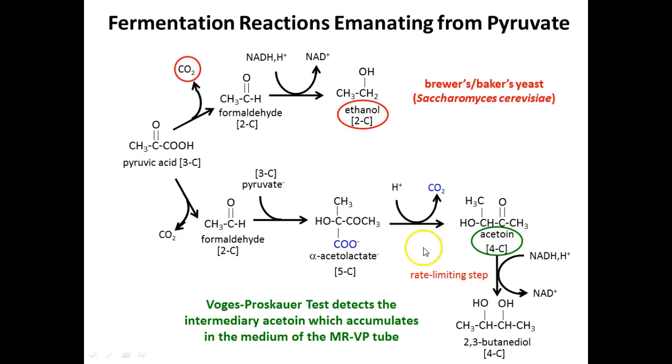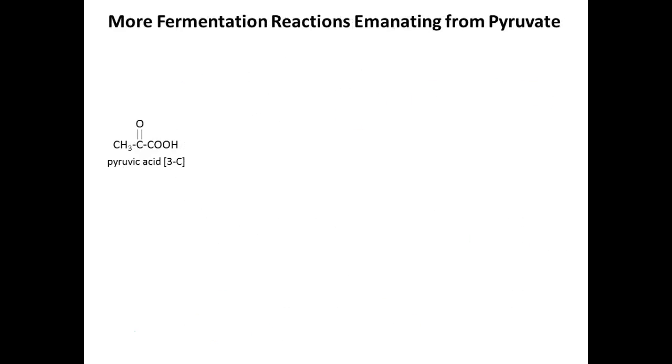So if the organism produced the acetoin, the reagents we used bind with the acetoin and produce that red color. So that's a particular type of fermentation, right? Being able to produce 2,3-butanediol. If your organism was VP positive, it does that type of fermentation, breakdown of glucose.